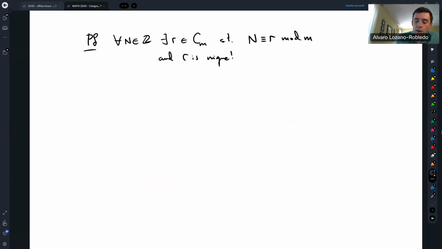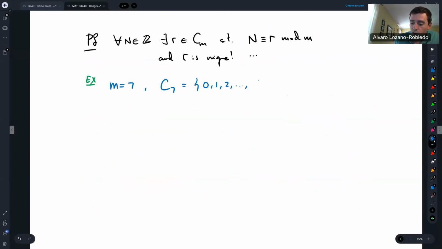So for example, let me start with an example before we continue the proof. If I'm considering m to be 7, then C7 is 0, 1, 2, up to 6. Suppose now n is, I don't know, 23. 23 is going to be congruent to one of those, and only one of those. Which one is it?